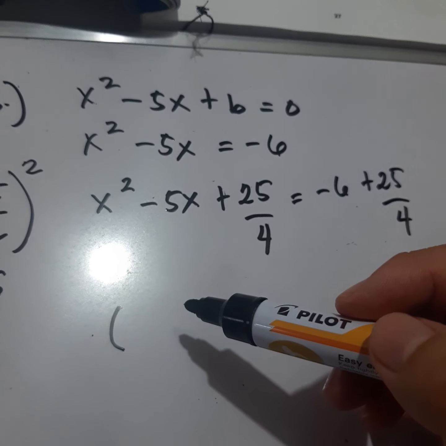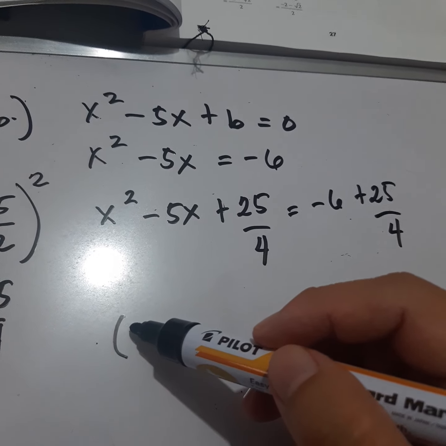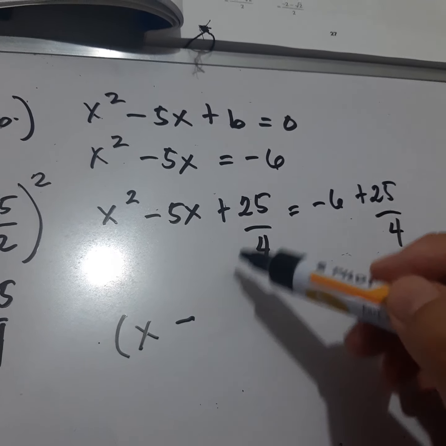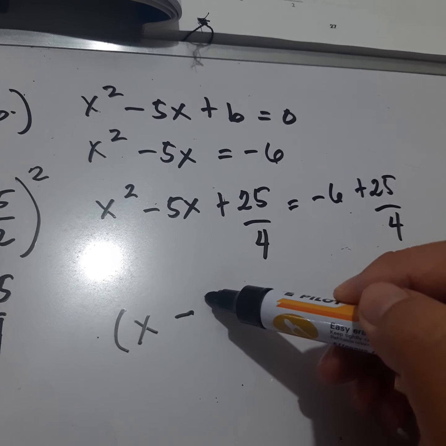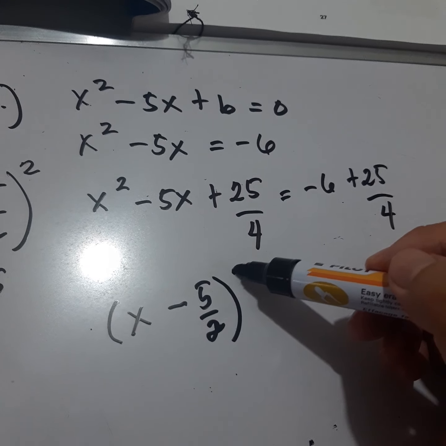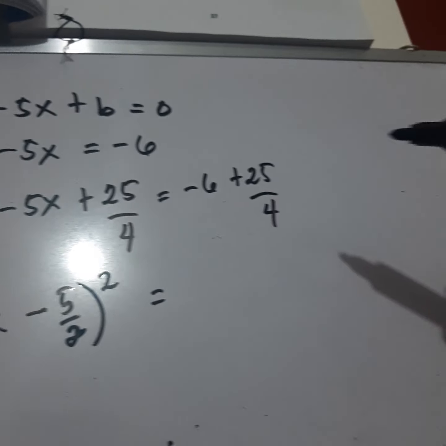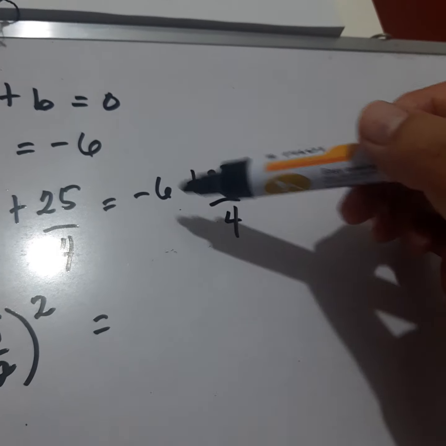So, the factored form of x squared minus 5x plus 25 over 4 is x, and just get the square root of 25 over 4, 5 over 2. Yan. So, we have x minus 5 over 2 squared equals, so remember this is an addition of a whole number and a fraction. So, paano natin siya ginagawa?